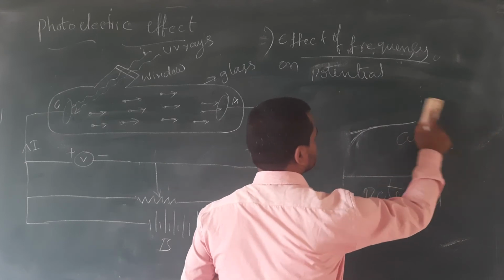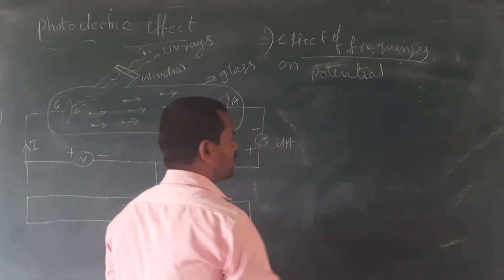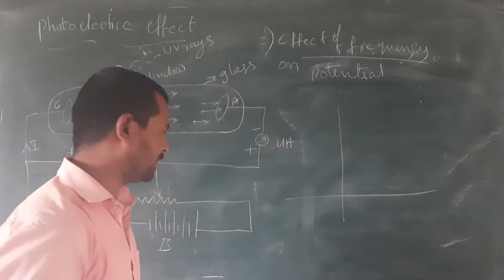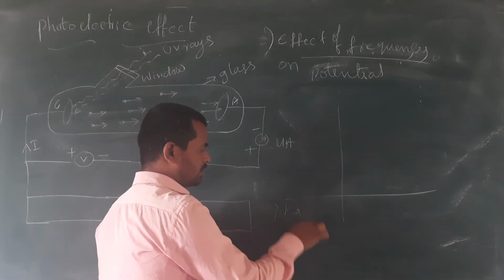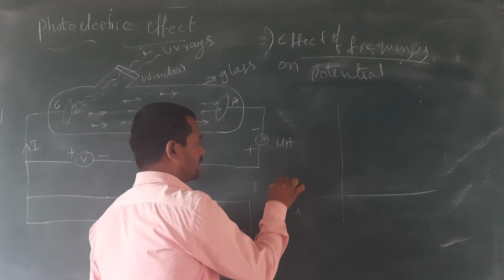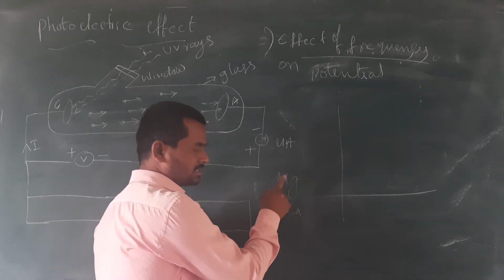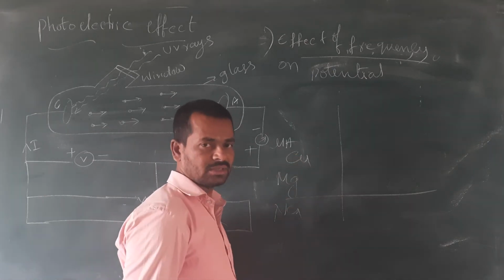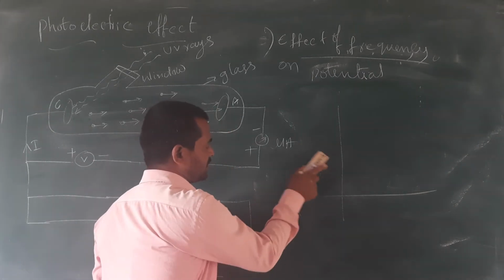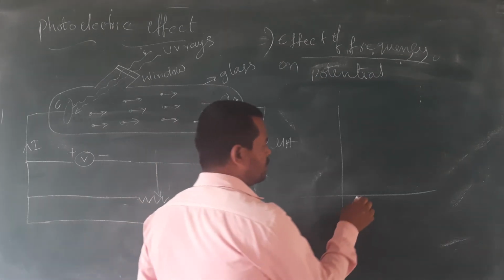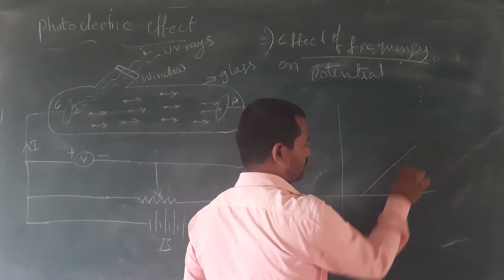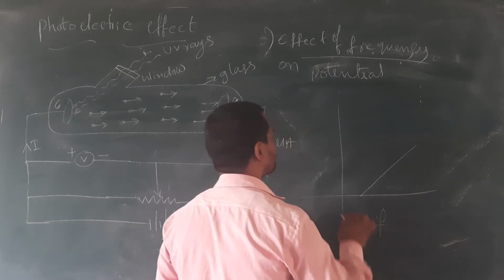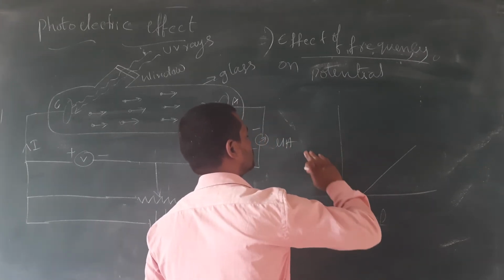And the next thing is, if you use different metals: sodium is an alkali metal, magnesium is an alkaline earth metal, copper is a coinage metal. If we use different metals, you may get the frequency versus potential graph.